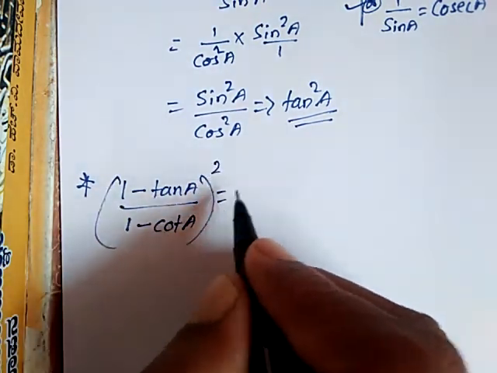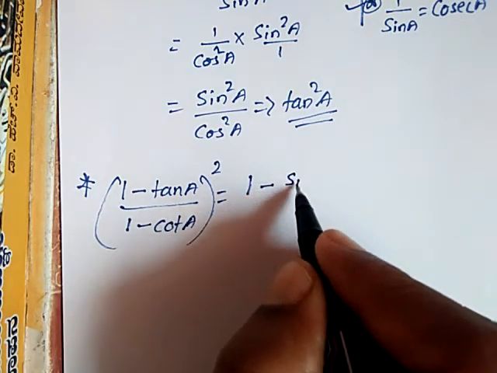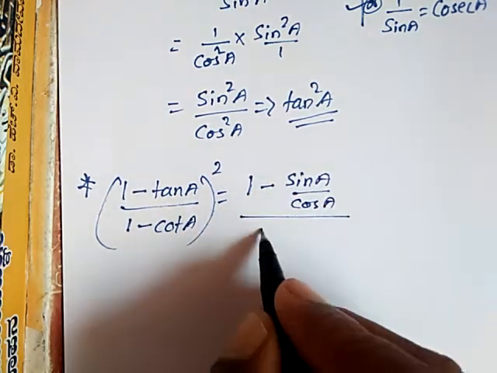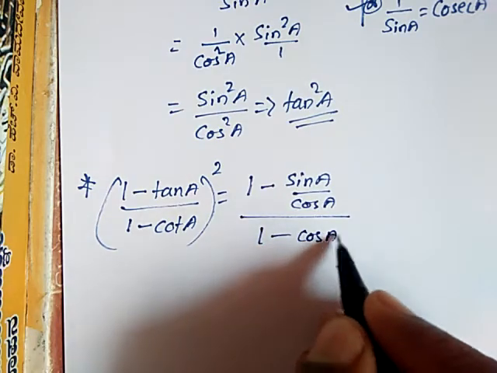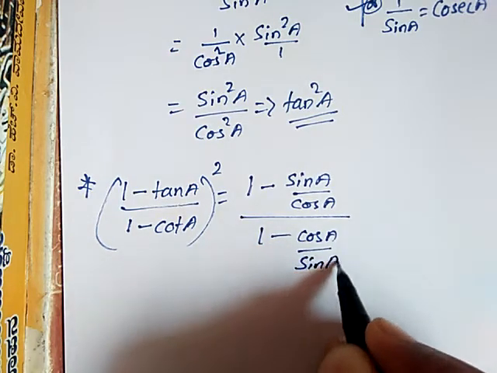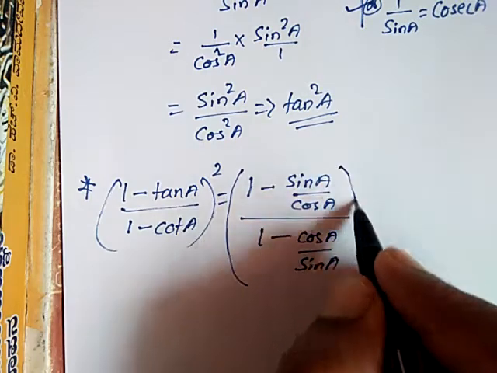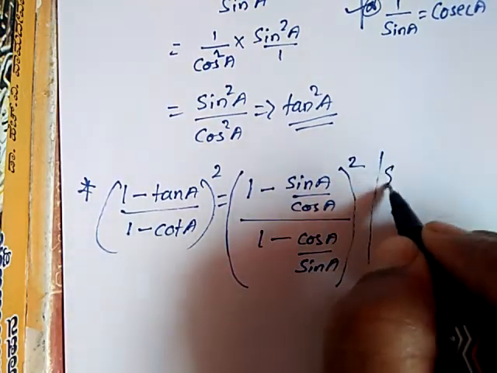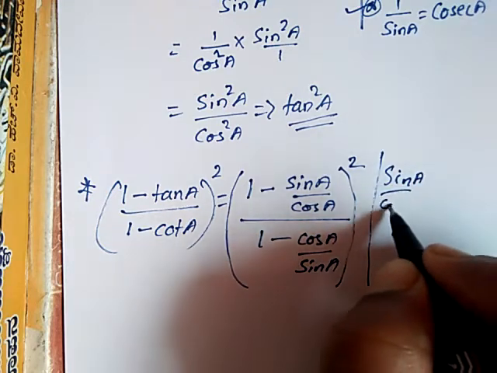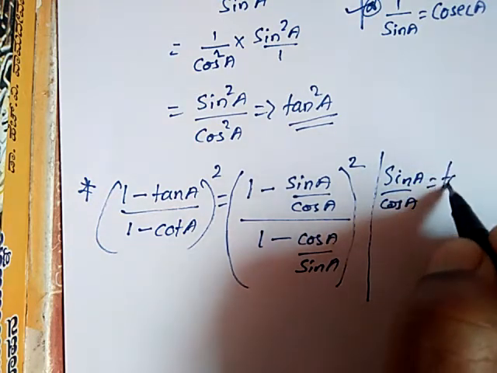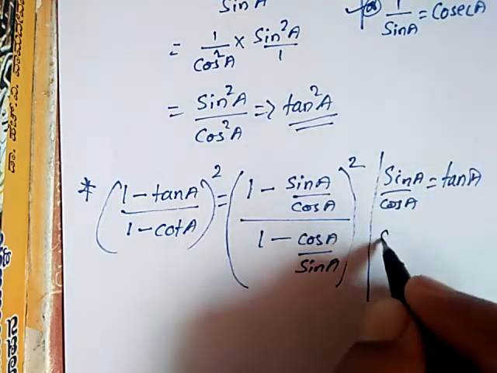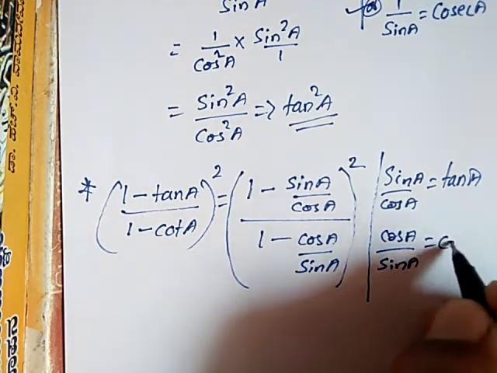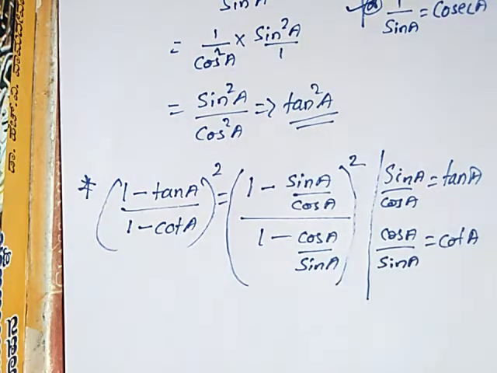Here 1 minus tan a can be written as 1 minus sin a divided by cos a, all divided by 1 minus cos a divided by sin a, since cot a is equal to cos a by sin a, whole square. We use the identities sin a by cos a is equal to tan a, and cos a divided by sin a is equal to cot a.